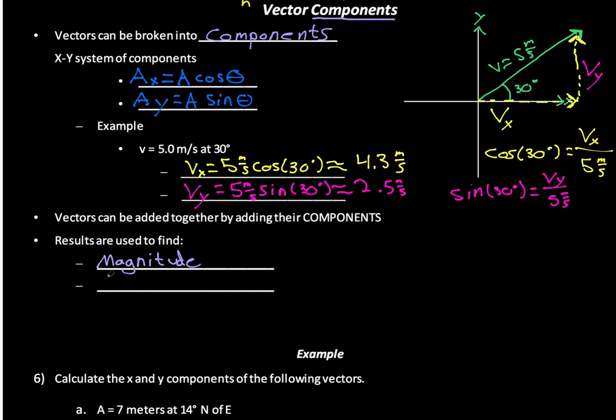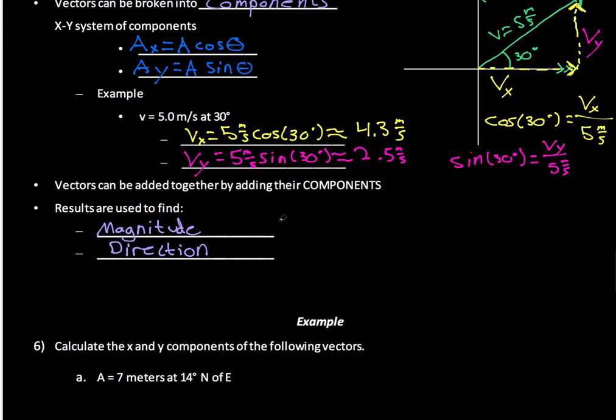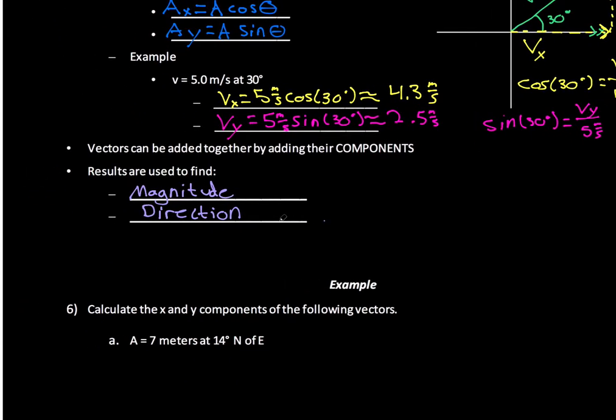Adding them gives us the magnitude and the direction. So it'll give us the magnitude and the angle, and we'll see how to do that. But let's just take a look at a whole bunch of examples now.